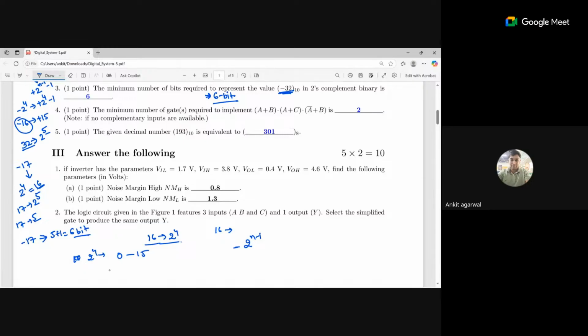But in the case of negative, 2 raised to power 4 represents minus 8 to minus 1, and then 0 to 7. Right. So minus 8 will be represented in 4 bits, because 2 raised to power 3 is 8 for the negative number. If we are talking about the positive number, it is always one less, so in the positive, 15 will be represented with 4 bits, in the negative, minus 16 will be represented in 5 bits.